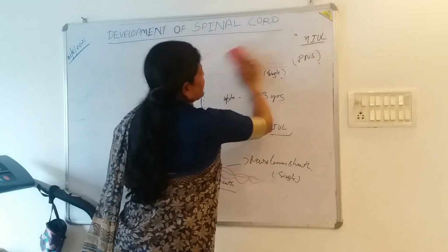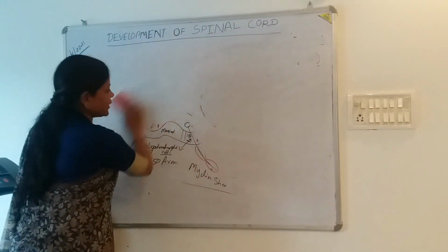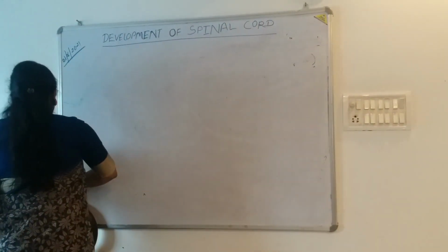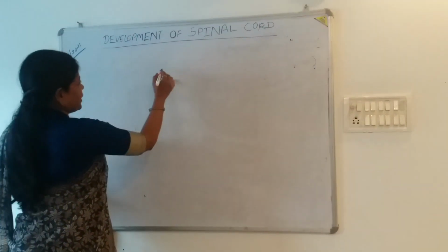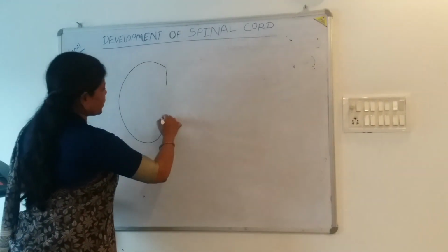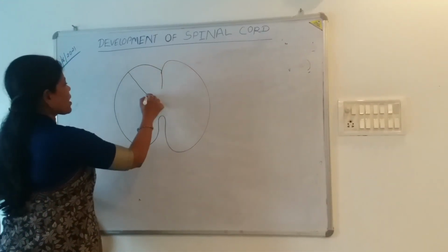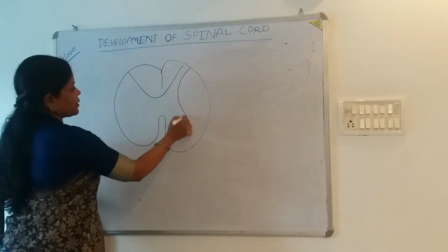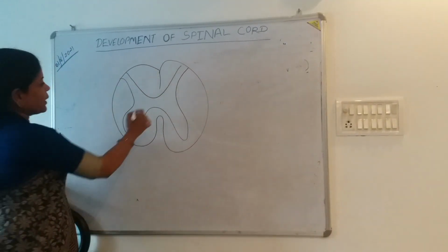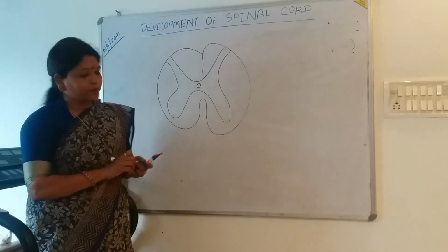Okay. Now we have discussed all the aspects of the development of the different parts, and now suppose I am drawing a diagram here of a spinal cord. So, what about the spinal nerves?